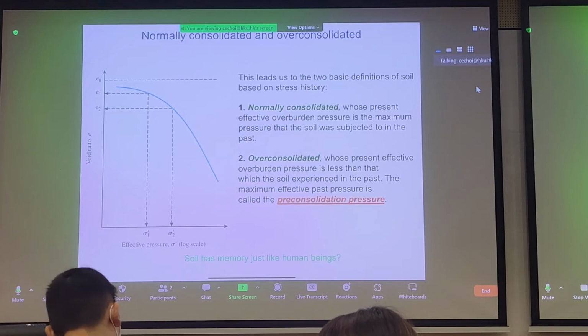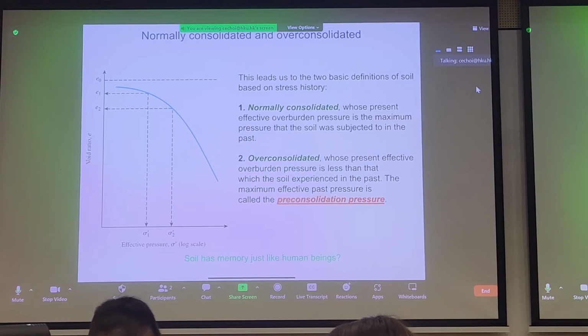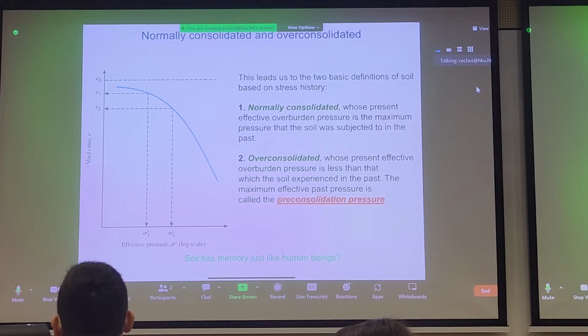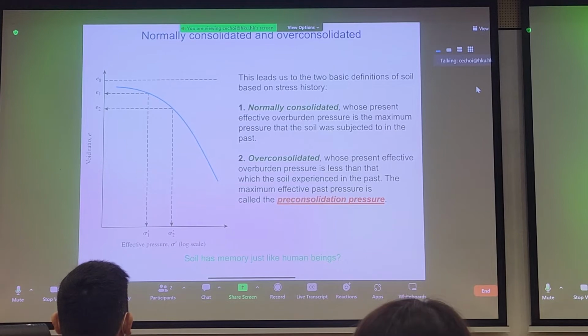We can treat it like a memory. At the bottom it says soil has memory just like human beings. Well, yes and no. We often say that the pre-consolidation pressure is like the memory that the soil has. Soil always remembers the most pressure it's experienced in its life. Well, it's just like human beings.